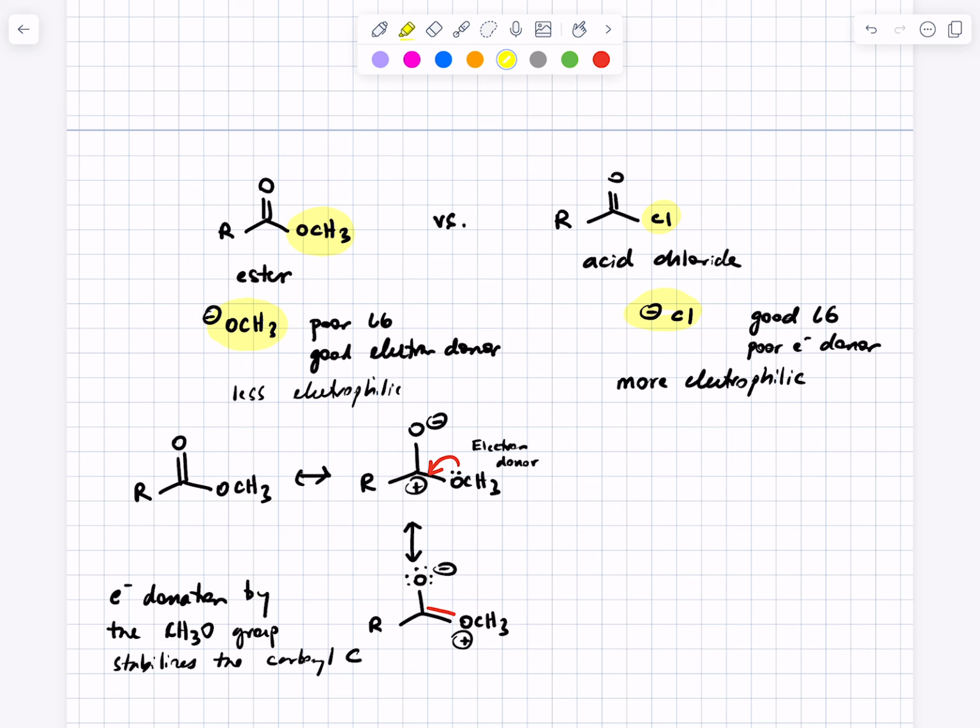So you would predict that the acid chloride would have a more electrophilic carbonyl carbon, a more electron poor carbonyl carbon than the ester, where the leaving group, the Y group, is a methoxy group. Conjugate acid is an alcohol, pKa around 16, not particularly acidic, meaning methoxy is pretty reactive. It's a good electron donor, and so you would predict that the carbonyl carbon of the ester would be less electrophilic.